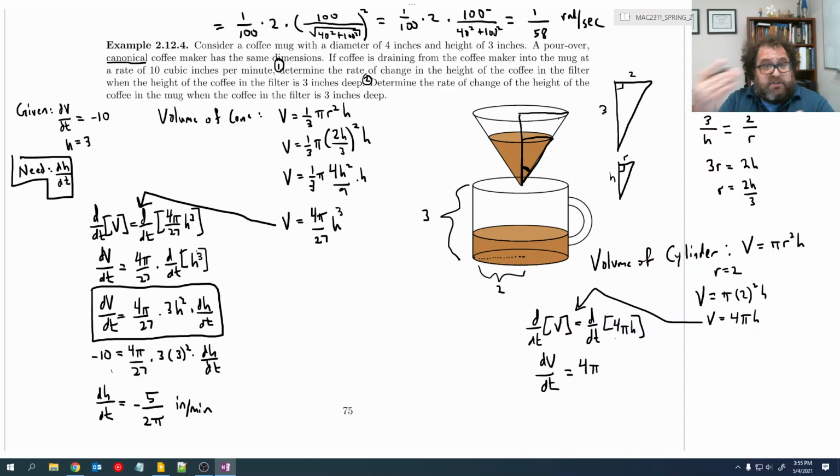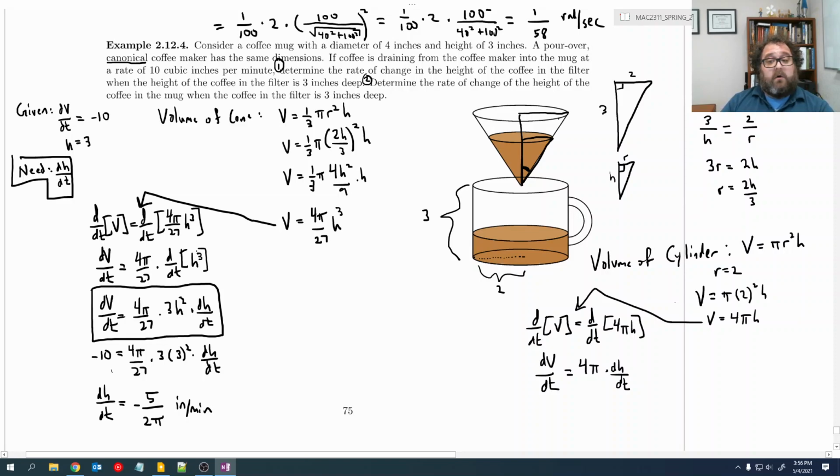The derivative of h to the first power: we take the derivative of the outside function, we get 1, and the inside function is just h, so we evaluate it and get 1. But then you have to multiply by the derivative of the inside function, the derivative of h with respect to t, and so you get 4 pi times dh/dt.